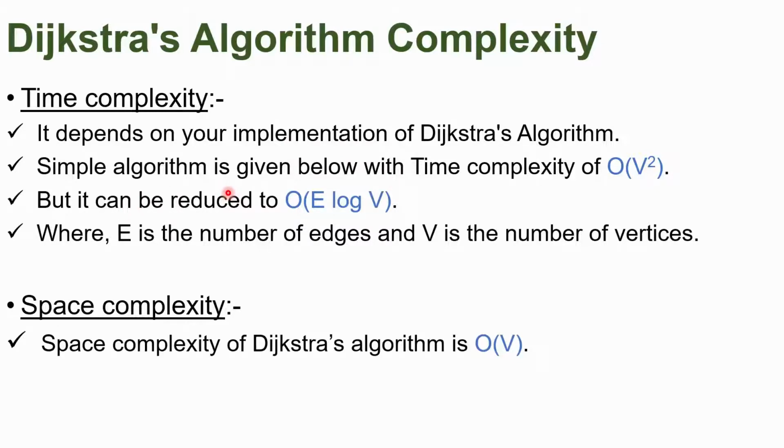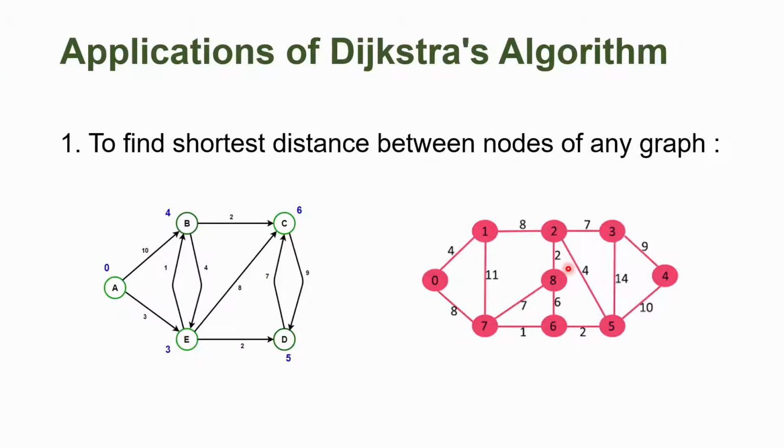Space complexity of Dijkstra's algorithm is big O v, where again v is the number of vertices. Applications of Dijkstra's algorithm. This is a very important point, because in modern problems we always use Dijkstra's algorithm.